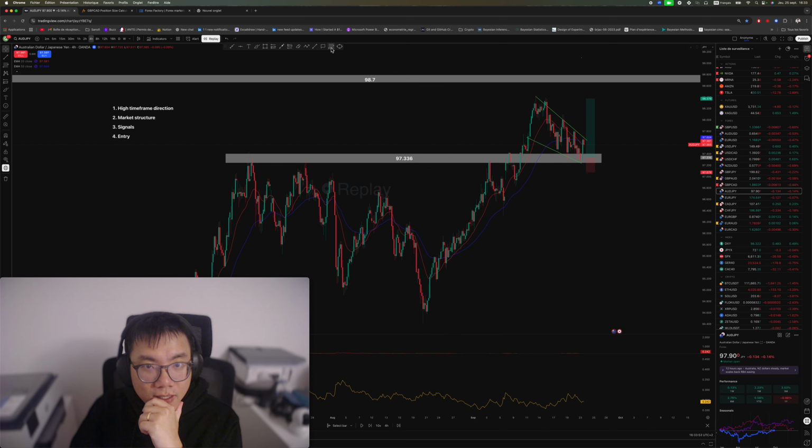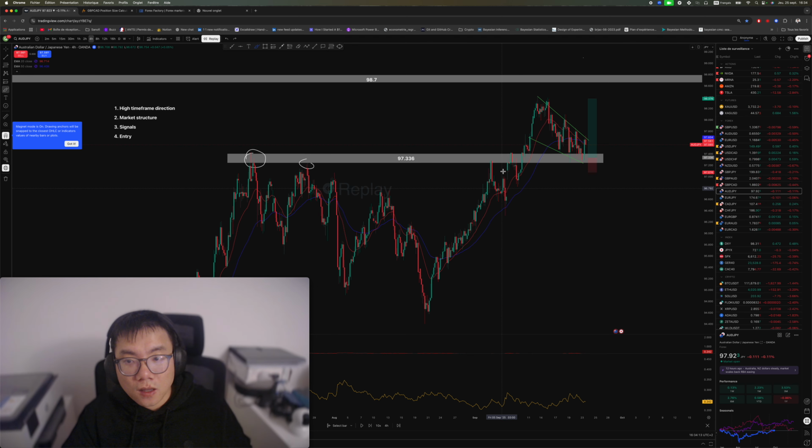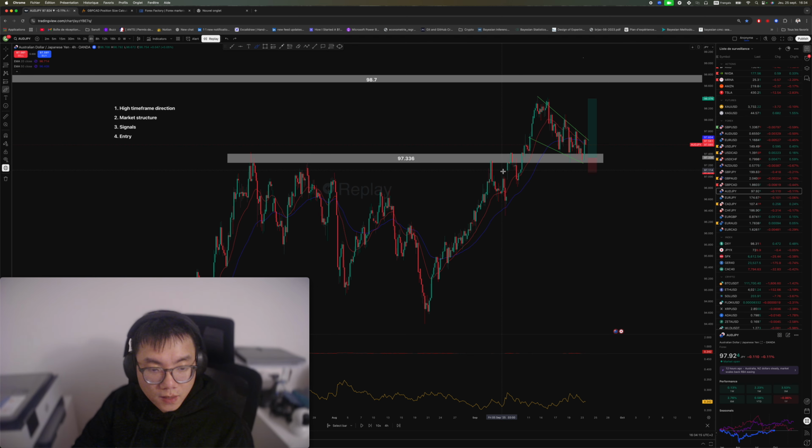So as you can see here in the graph, this is a very solid key level. Price has a lot of reaction. So once, twice, it's third time, and the last one. So there are lots of reactions around this level.